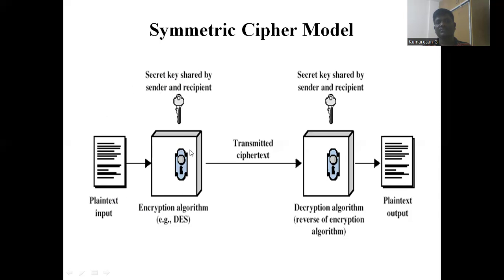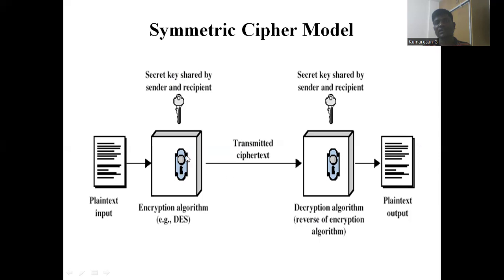Once the encryption has been done, the ciphertext is transferred to the receiver side through some proper channel. On the receiver side, the receiver must know the secret key, because otherwise they cannot decrypt the original message.